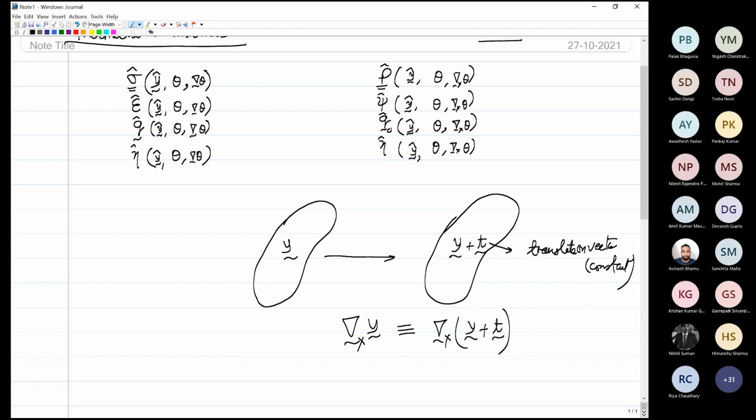So the dependence should actually be on the gradient of y, not on y itself. So therefore we can go back and remove y from everywhere and make it the gradient of y, which is actually the deformation gradient tensor, big F.